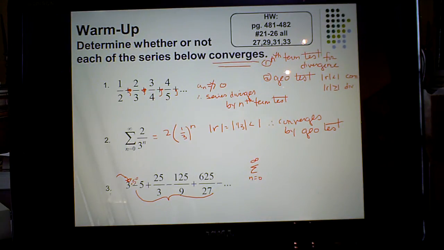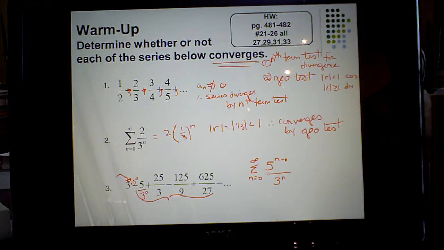If I start at the 0 power, it would be this term, but remember I'm ignoring this term, so I'm going to start with 5 to the first. Which would mean if I'm starting at 0, then I would have 5 to the n plus 1. And then I can see that my denominators are powers of 3. And this is 3 to the 0. So I would say 3 to the n.